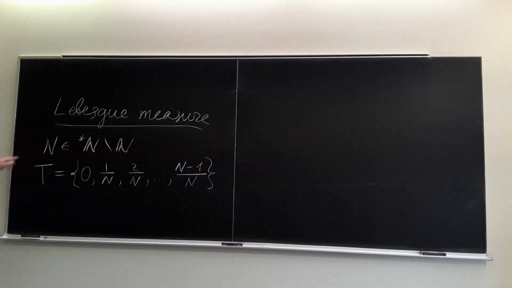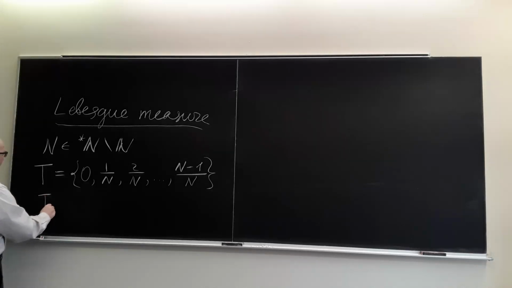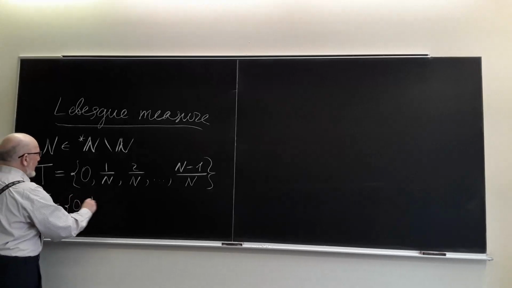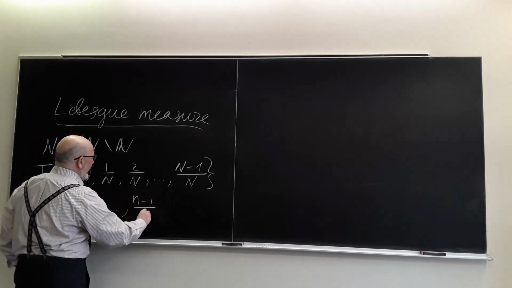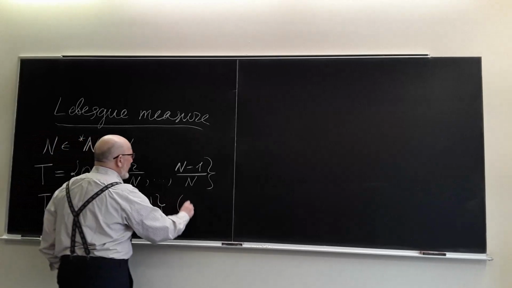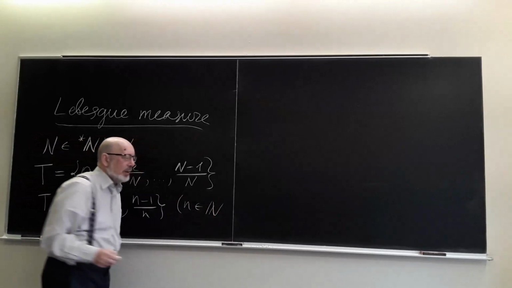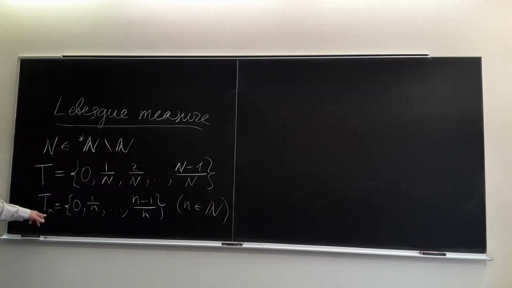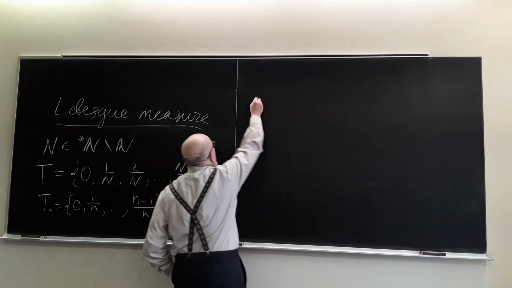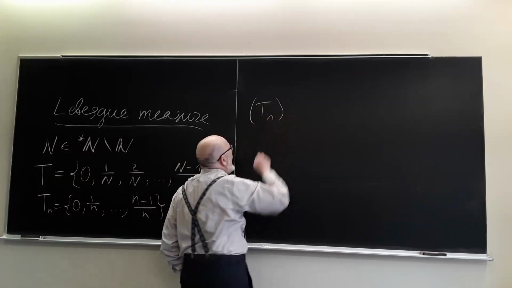If n is like this, we consider the following object, T_n equals 0, 1 over n, and so on, n minus 1 divided by n. If n is just a plain integer, we have this sequence T_n.